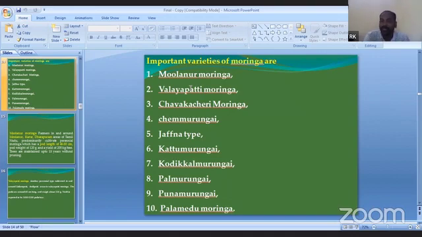This wild Moringa is present mostly in forest areas, and some reserve forest also has Katu Murungai. Most of it is forest, so we cannot use the fruit or tree for any purpose like cooking, but wild animals take it and disperse the seeds everywhere in the forest. That is one source and one type.